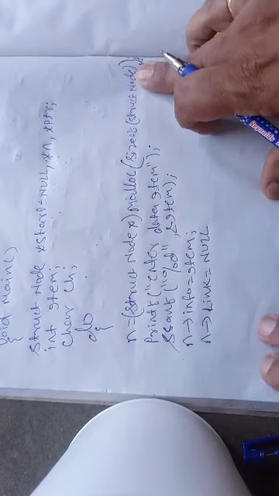Then n->info = item. Now item is being stored in the new node. n->link = NULL. So this is how we can create a new node. A new node has been created.